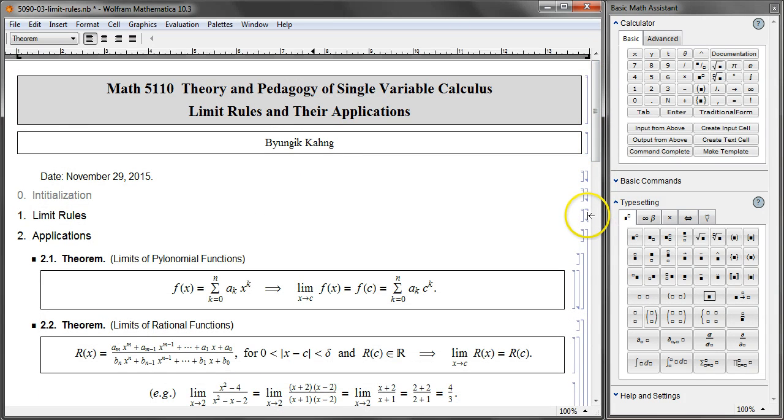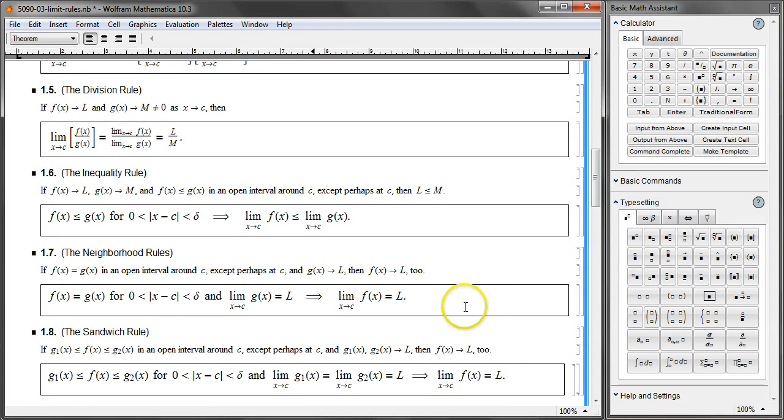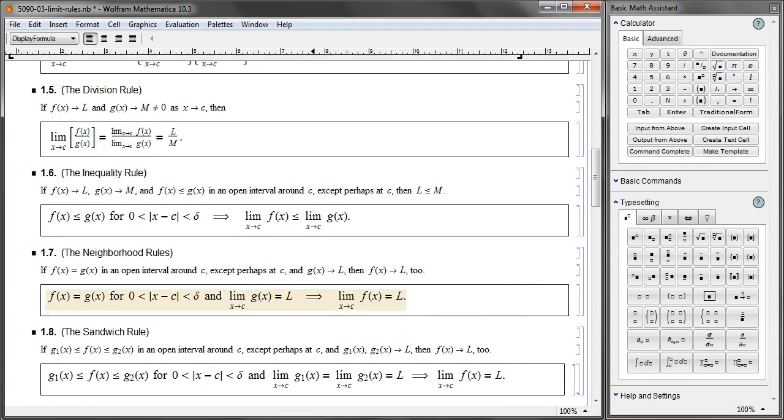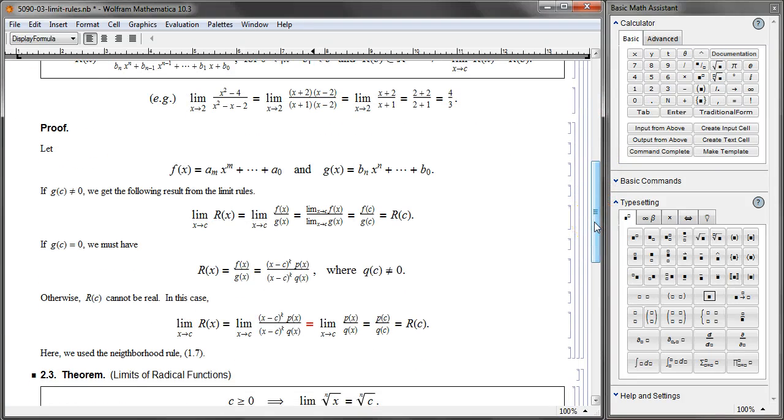And there was that limit rule here. Yes. If we have two functions that are the same except for maybe one point in a certain interval, the center point c, in that case, if one converges, then the other converges and shares the same limit. Yes, we have that. That's why this r of x can be calculated from p of x over q of x.